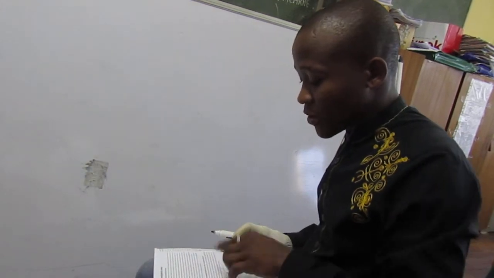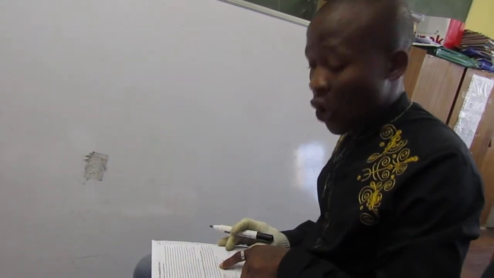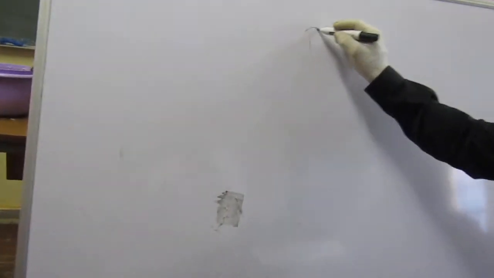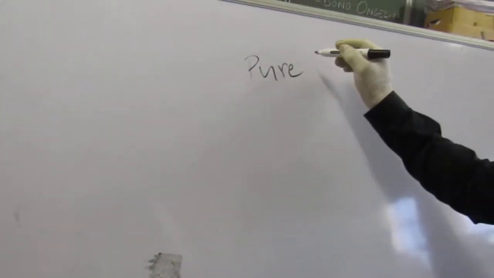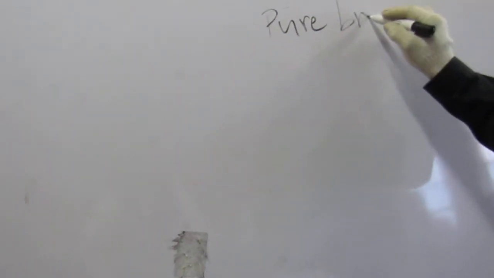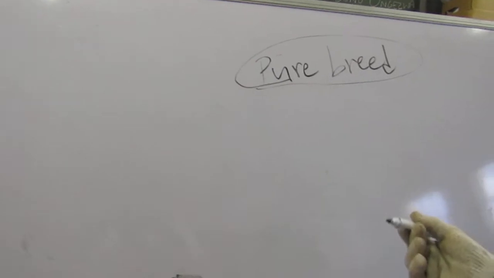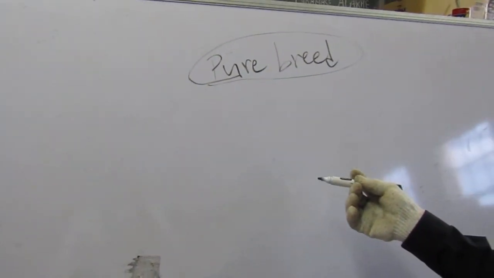This is a cross between a pure breeding pea plant. Pure breed means that in alleles zakho phaya they will be the same, they will be homozygous.